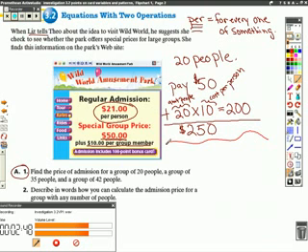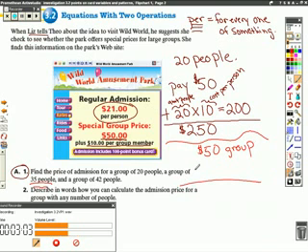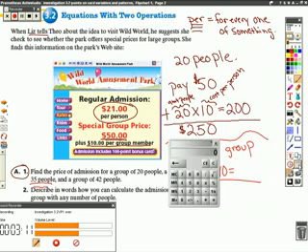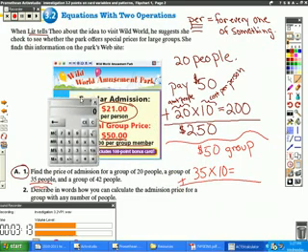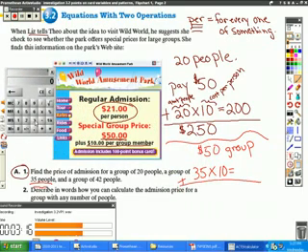And what is the price if 35 people show up? So we still got to pay the 50 for the group, and then we're going to add to that 35 times 10. I'm going to pull up my calculator. I probably really don't need it, but I'm going to pull it out anyway. 35 times 10.